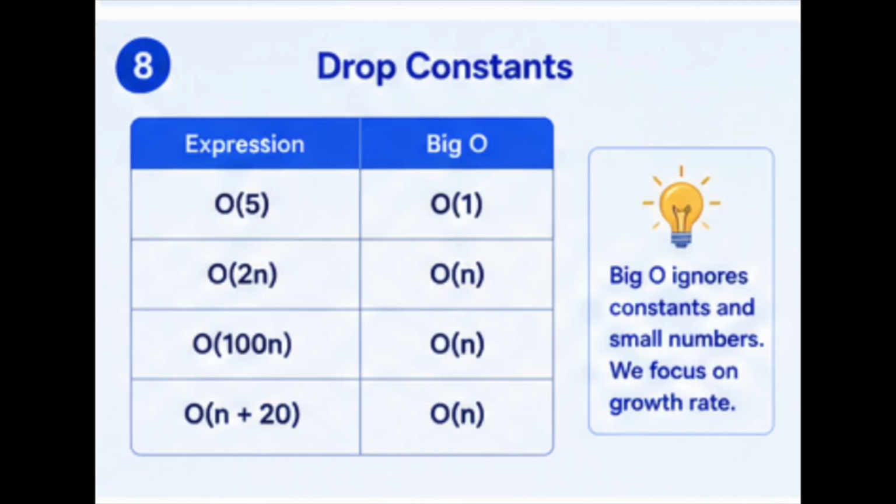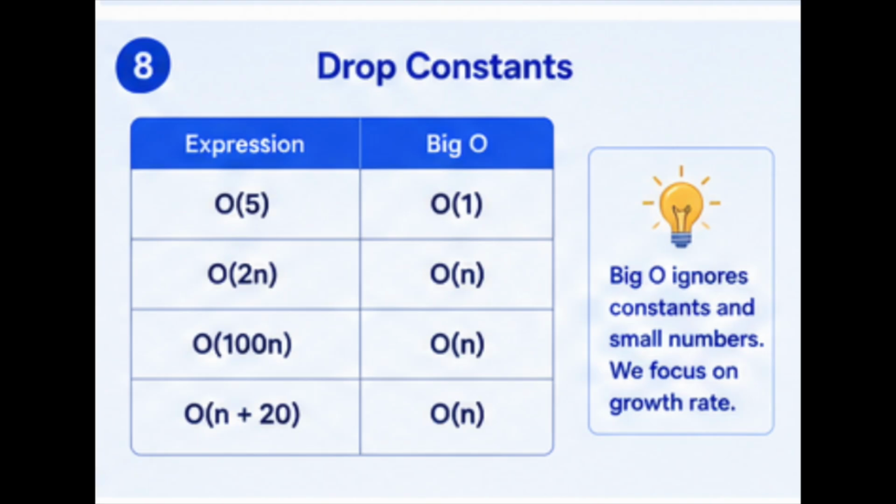Here is one of the most confusing parts of big O. Why do we ignore constants? Imagine two algorithms. One performs 2n operations, the other performs 100n operations. Yes, the second algorithm is slower, but as the input grows, both increase at exactly the same rate.